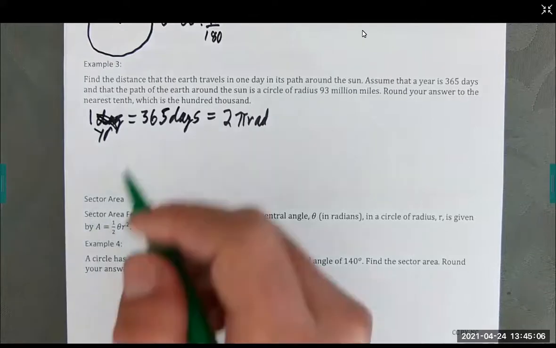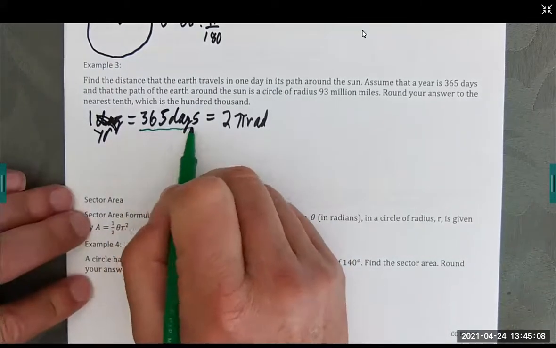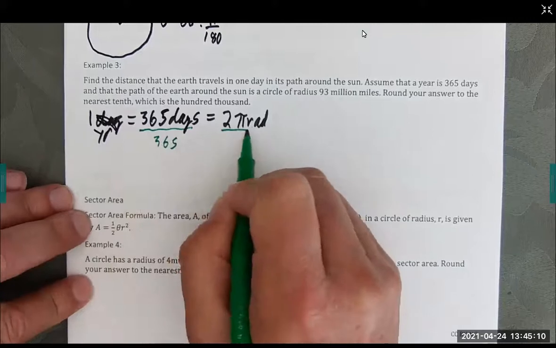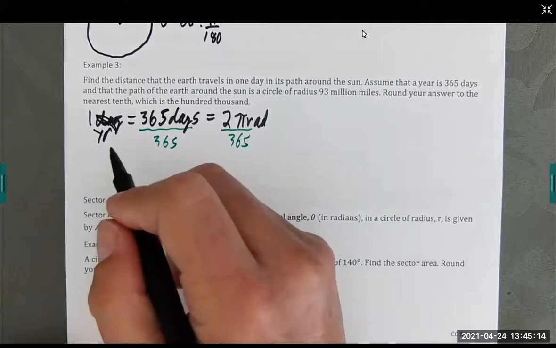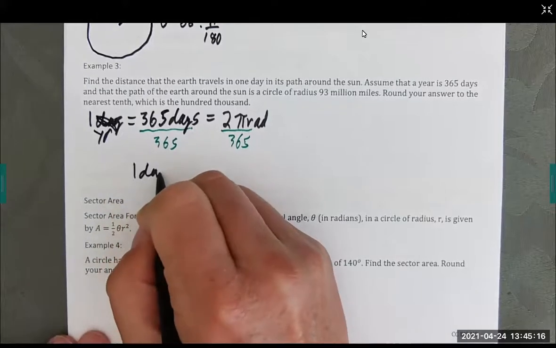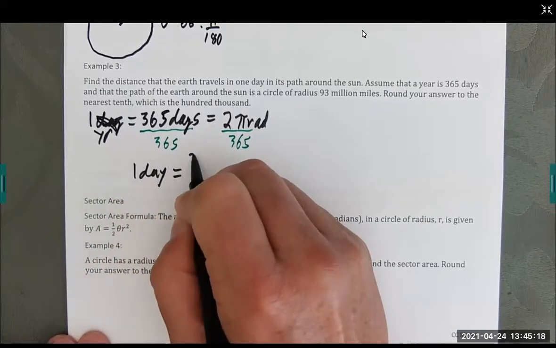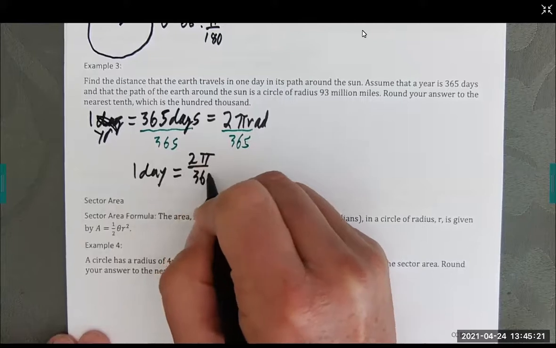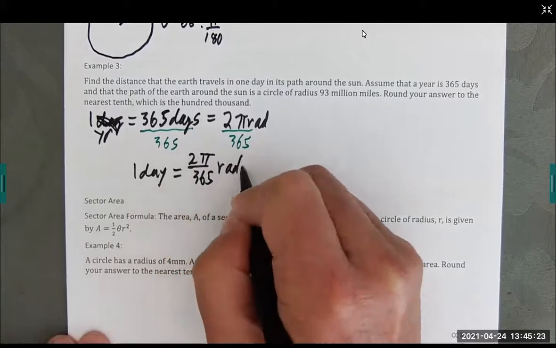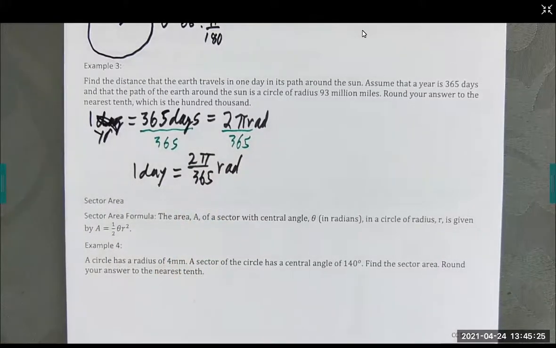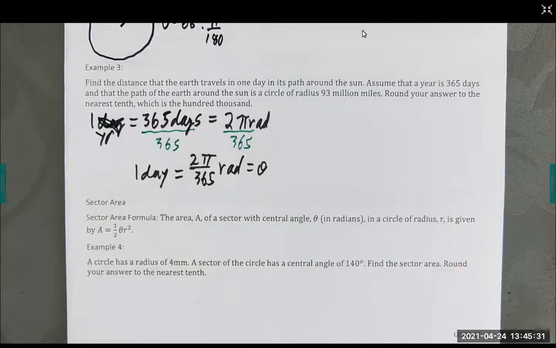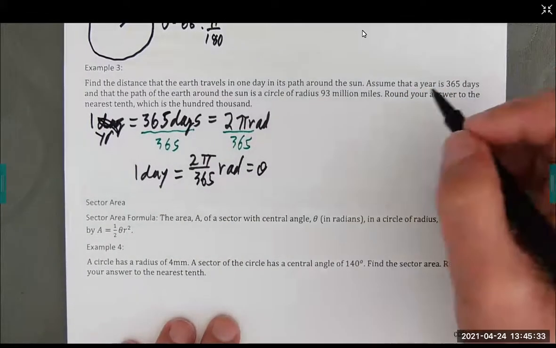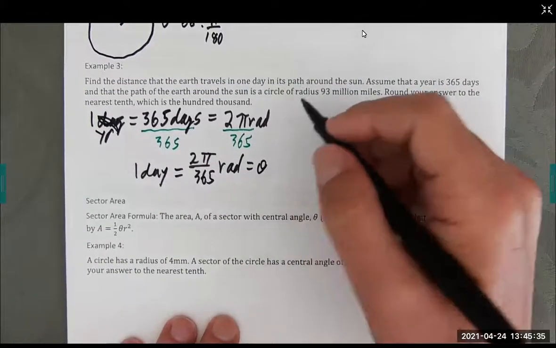So if I divide both sides by 365, that will tell us that one day is 2 pi over 365 radians. So now we have our theta. This is our theta. We have r, which I'm just going to use the 93, and we'll convert it to million in a moment here.